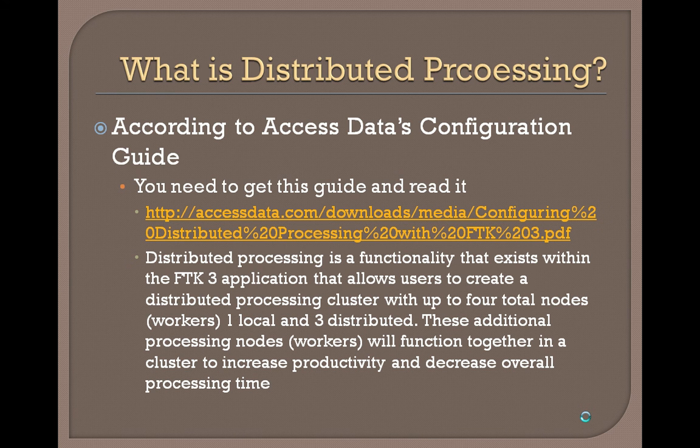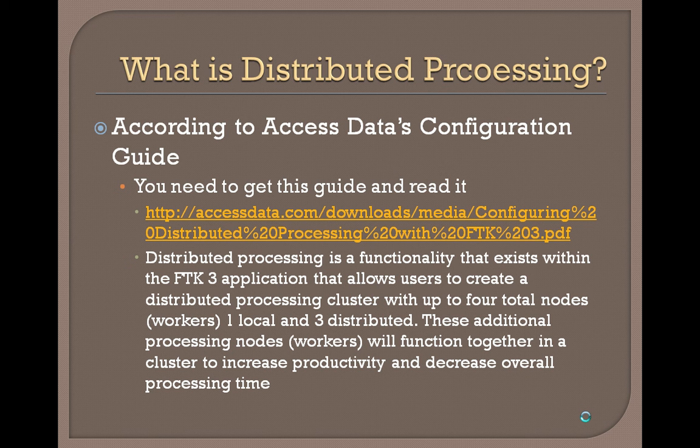What is distributed processing? According to AccessData, and you need to get the guide and the hyperlink there and read through that guide, distributed processing is a functionality that exists within the FTK3 application framework that allows users to create a distributed processing cluster with up to 4 total nodes. And what that means is one computer acts as what we call the header, 3 act as workers, although all 4 work on the processing of the case.